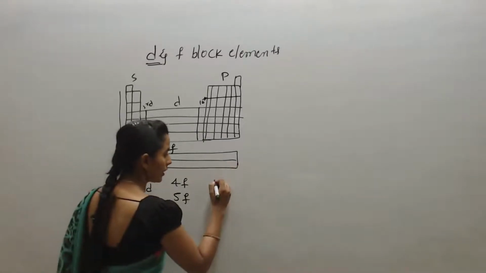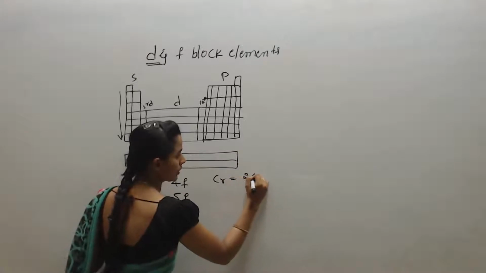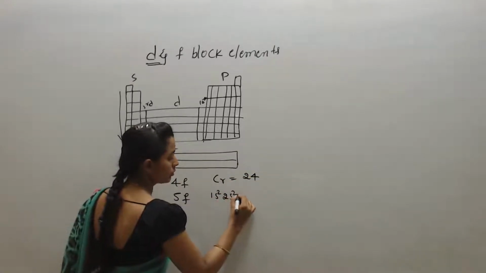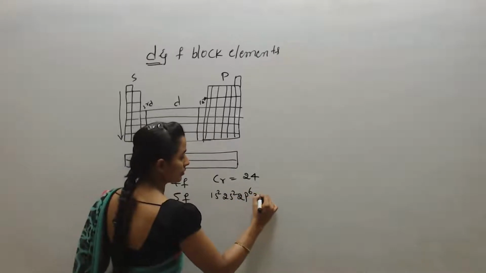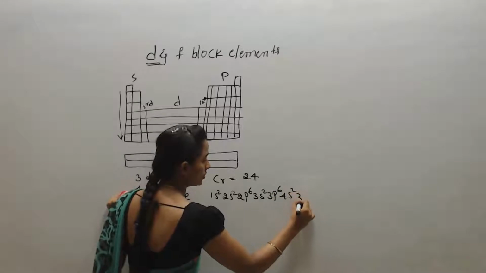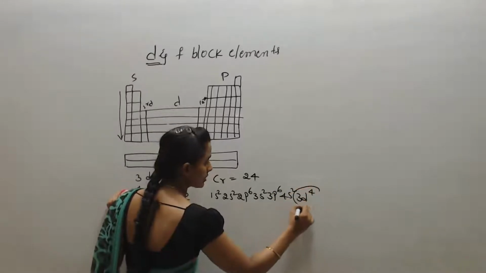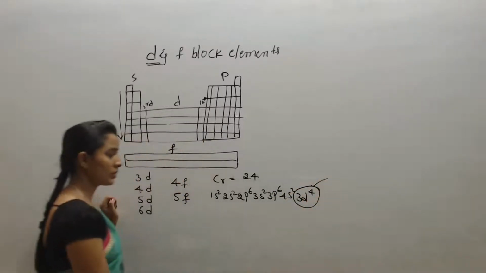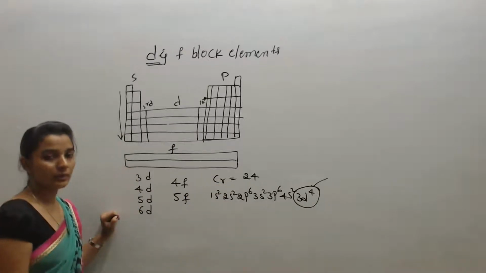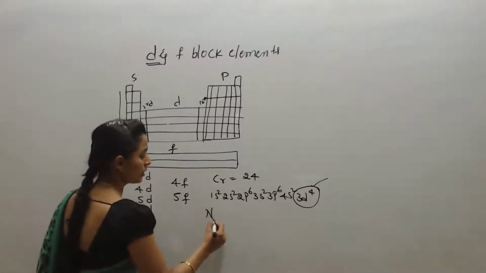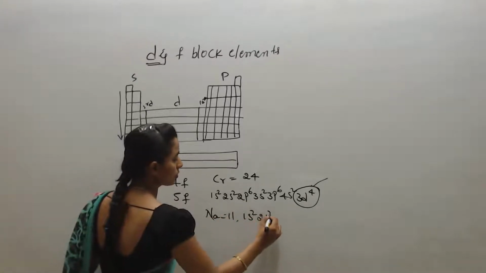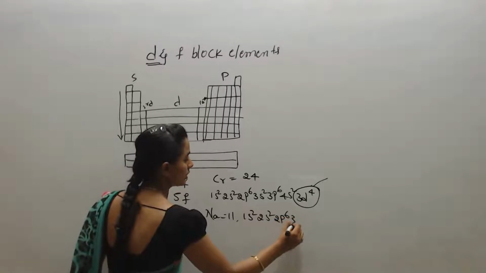For example, chromium has atomic number 24: 1s2, 2s2, 2p6, 3s2, 3p6, 4s2, 3d4. The last electron enters into the D subshell, hence this is kept under D block elements. Sodium has atomic number 11, configuration 1s2, 2s2, 2p6, 3s1.